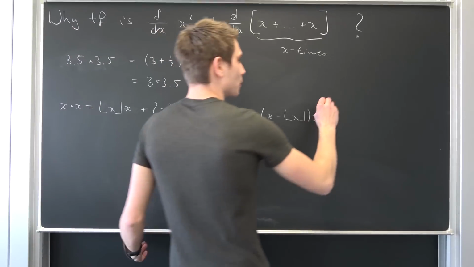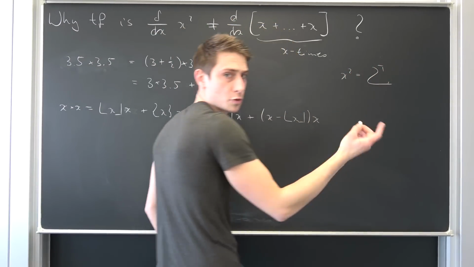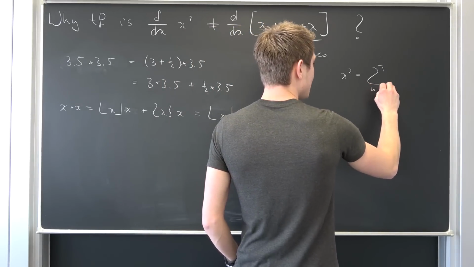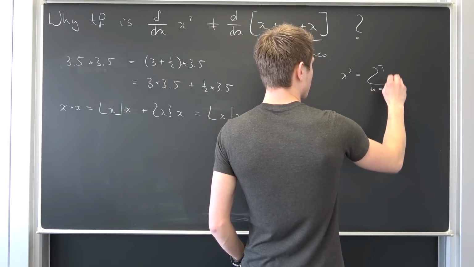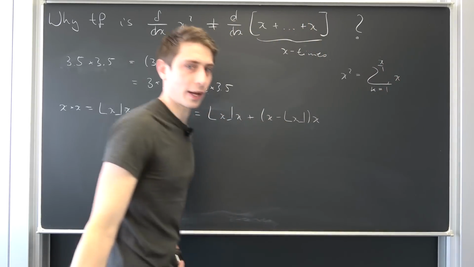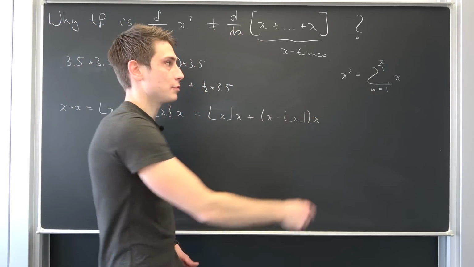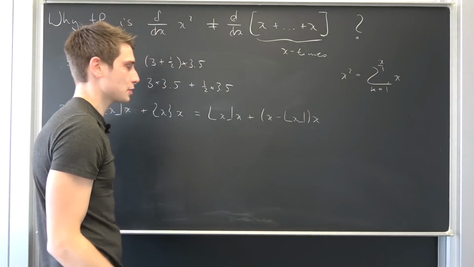because at first we had that x times x, x squared, is nothing but, if you have a discrete variable, sum running from k from 1 to x in this case, of x, okay? And you see, this addition right here only makes sense if our x is element of natural numbers, for example.